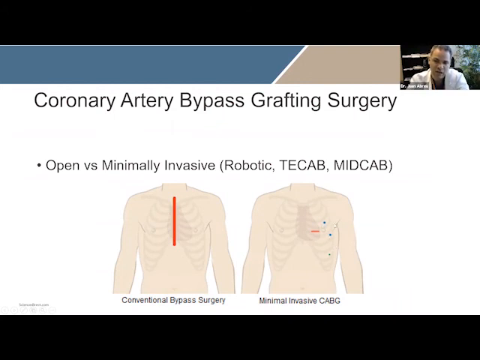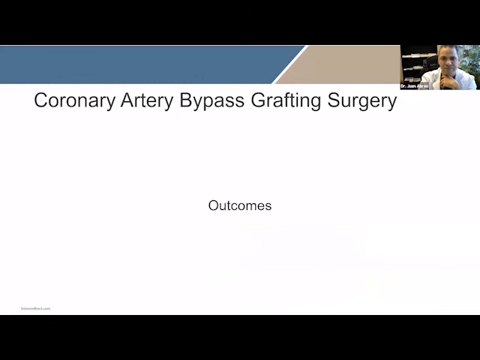Or we can do it with an endoscope, which is basically putting a camera inside. All right, so there are many techniques for minimally invasive, many techniques to do it open. It will all depend on what medical factors you have, what the anatomy of your disease is, and all these things. All right, so not everyone is a candidate for it, but most people, I think, will be a candidate for one or the other.